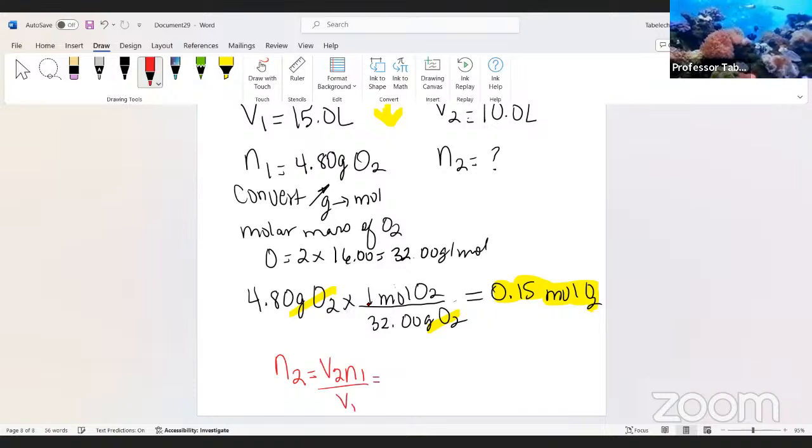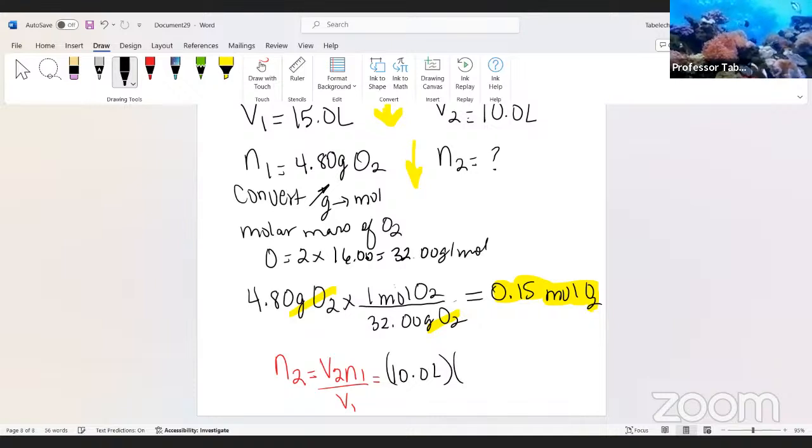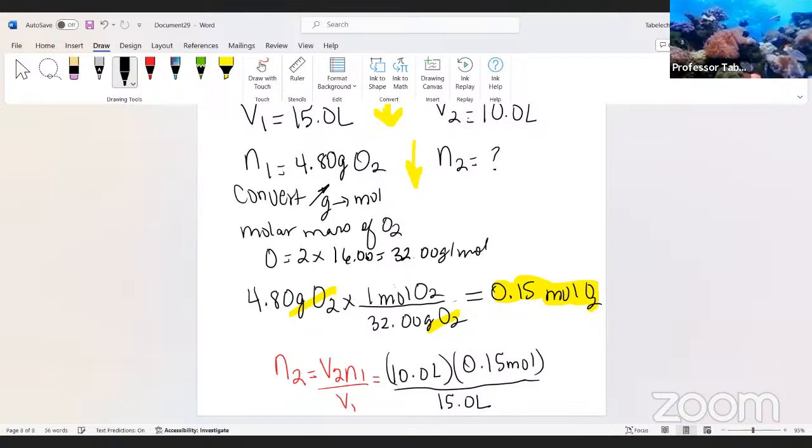And let's plug in our numbers. Again, we already know that the value we get is going to be less than 0.15. So V2 was 10.0 liters. N1, which is what we just calculated right here in this yellow, 0.15 moles, divided by V1, which was 15.0 liters. Let's cancel out our liters because that's not what we're looking for, and we're left with moles.